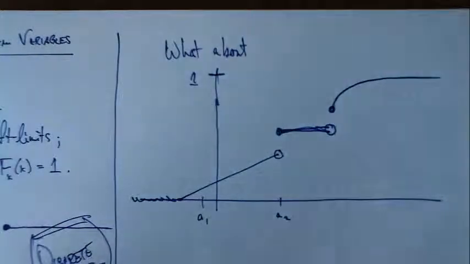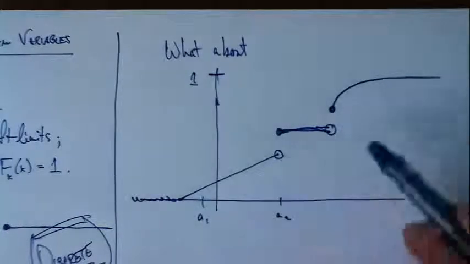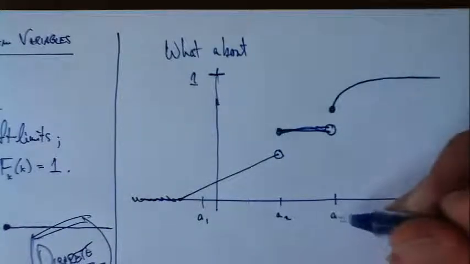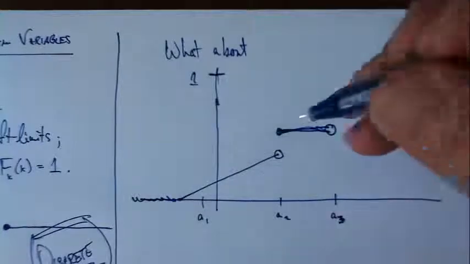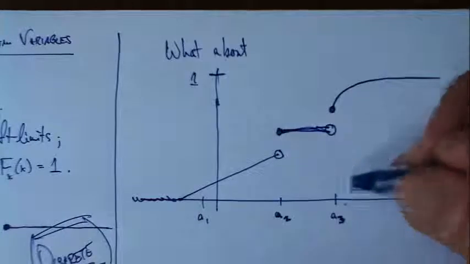It sort of mixes continuousness with discreteness. What this says is that it's basically a continuous random variable, except that we allow these atoms to take place, is what you can call these things.